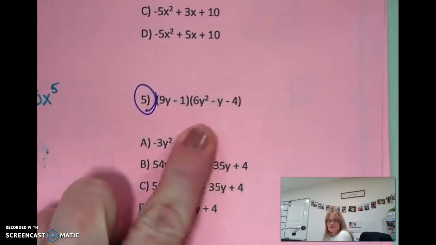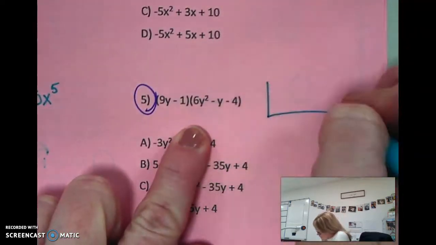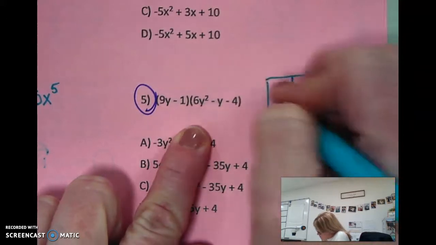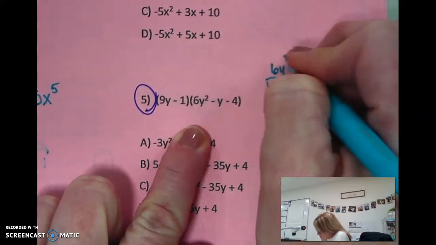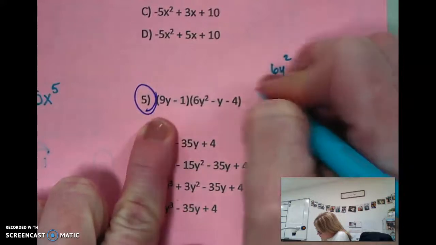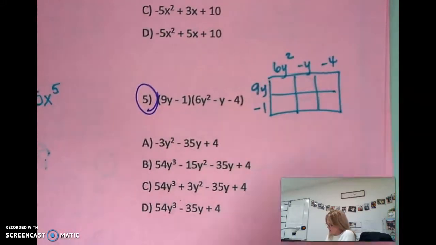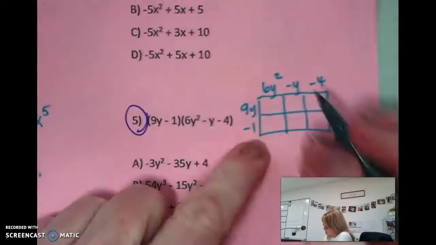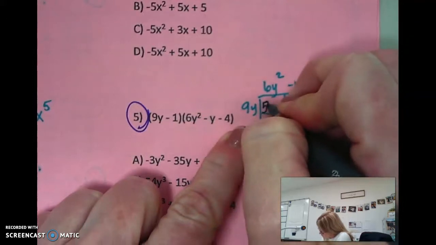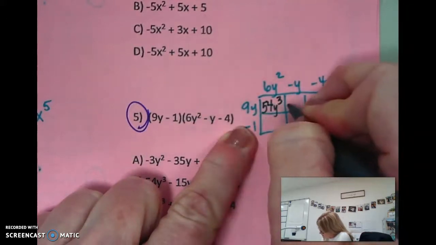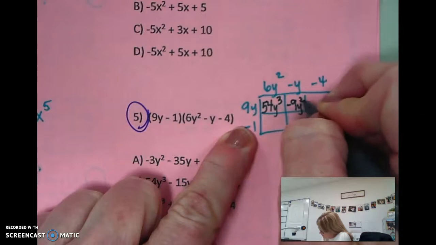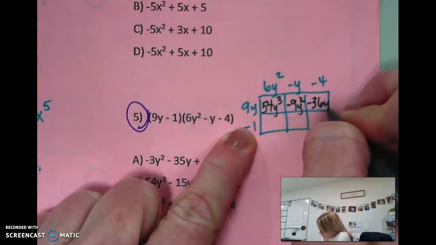This is another example of, if you want to, you can use the box method and set this up. Or you can double distribute, whichever way you want to. I still think the box method helps you not get any mistakes. So this would be 54y to the third, negative 9y squared, and a negative 36y.